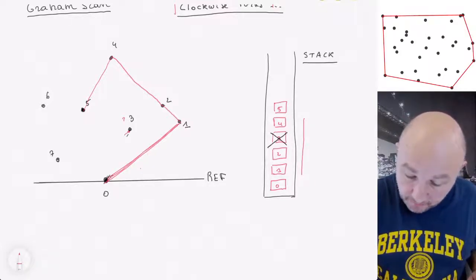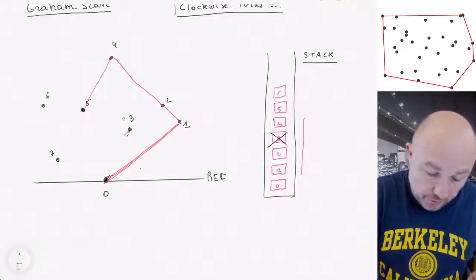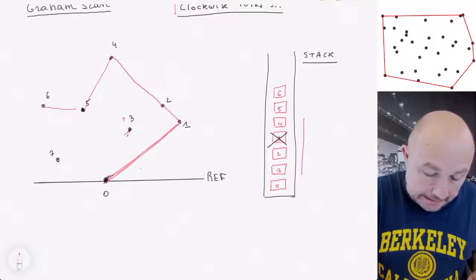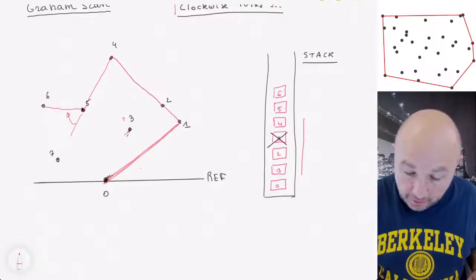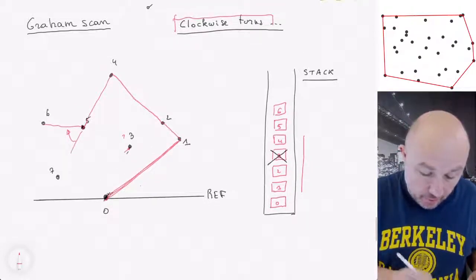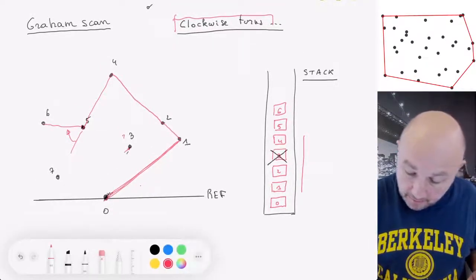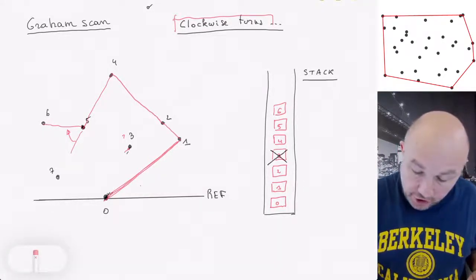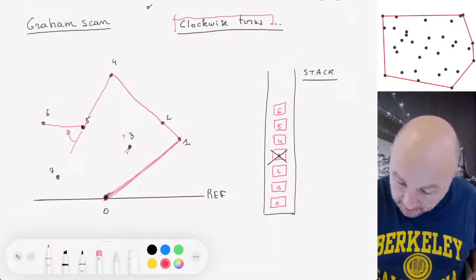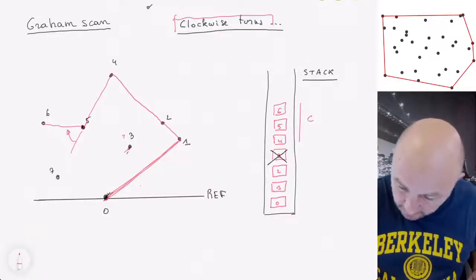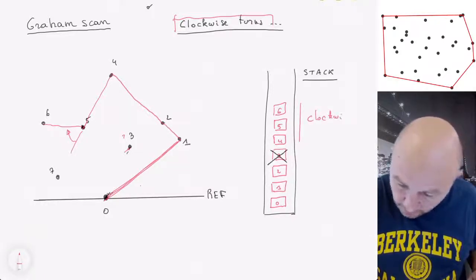Then we put 6. So if we put 6, what do we see? Oh, this is a clockwise turn. We don't want a clockwise turn. So what do we do? Again, we check these points that do a clockwise turn, which is bad.